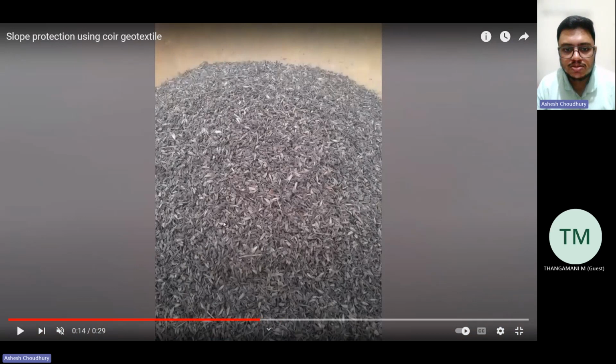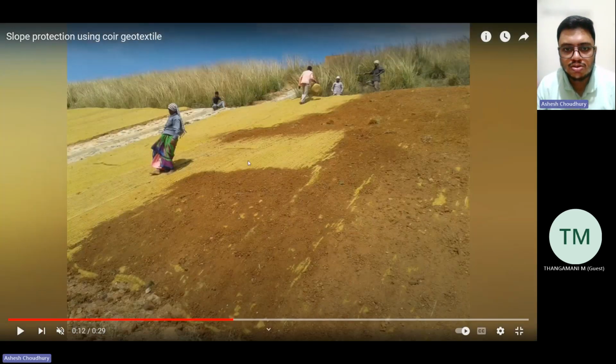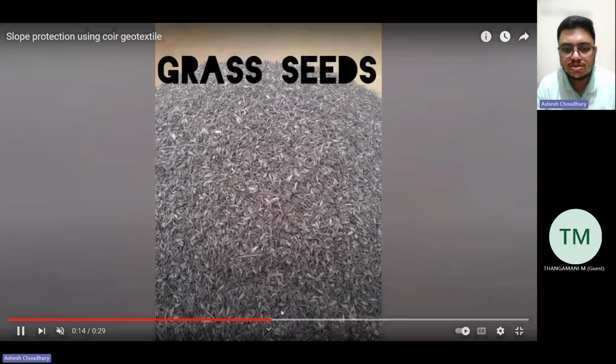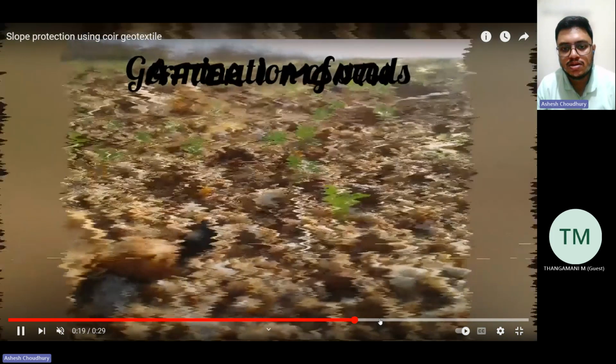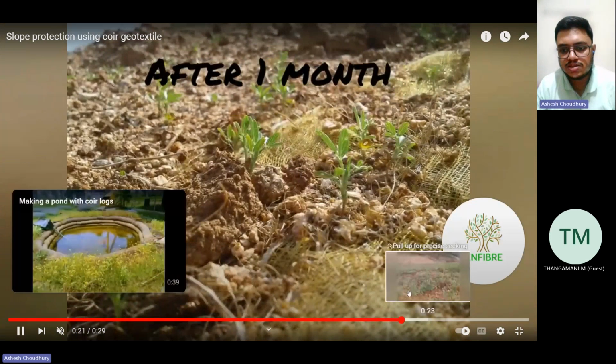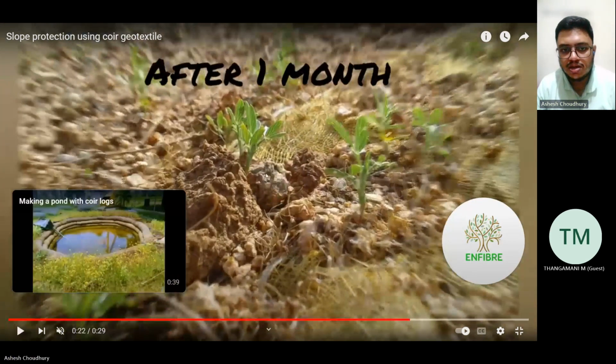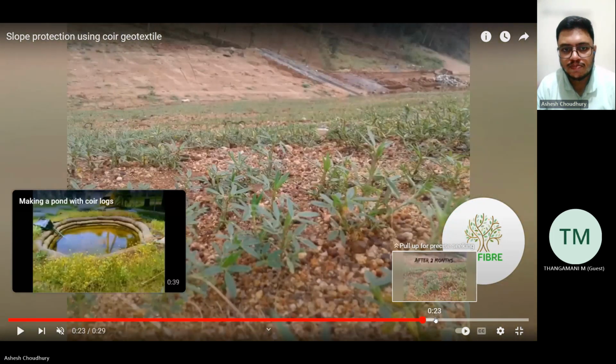So this is the slope. We put coir geotextile over it. Then you can put soil, and to aid the grass, you can put seeds on it. There will be natural growth of grass over the coir.